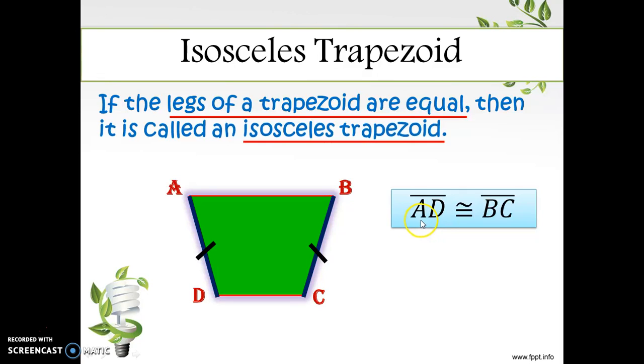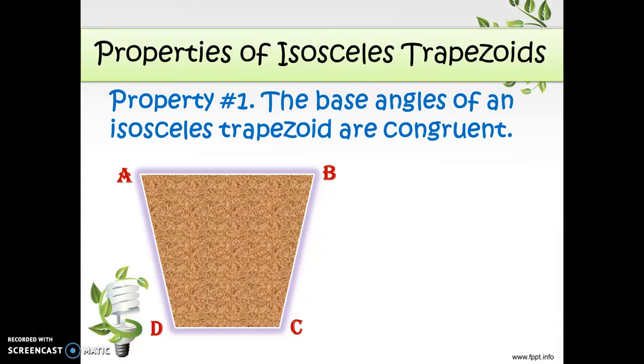So we can say now that line segment AD is congruent to line segment BC, and it is an example of an isosceles trapezoid. For example, let's say line segment AD measures 18 centimeters. So it is expected that the other segment also is 18 centimeters. Did you get it? So if yes, let's move on to the properties of isosceles trapezoids.